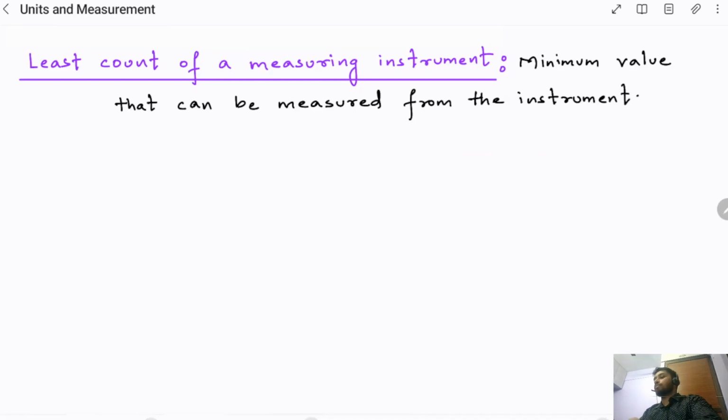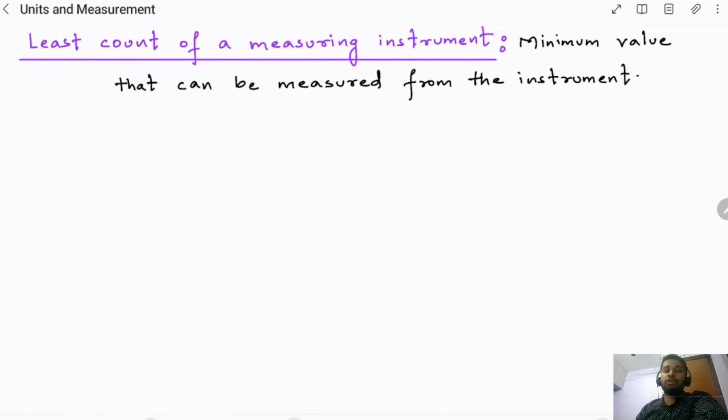Fine. Now let us move to the error part a little. Okay. Here also we have a bit of theory, but we need to go through it anyway. So the next term is error.